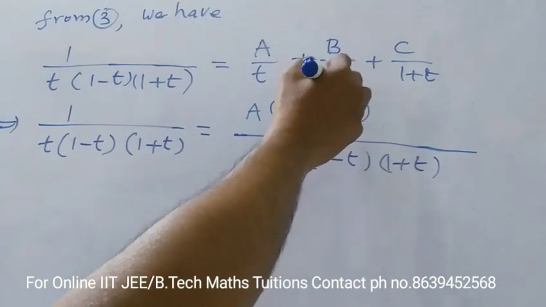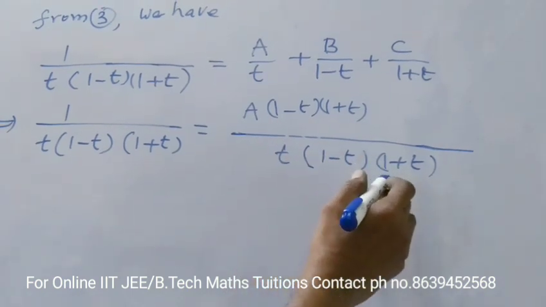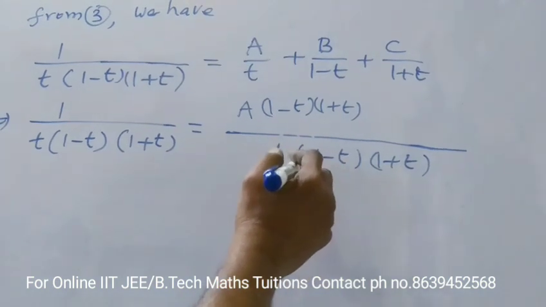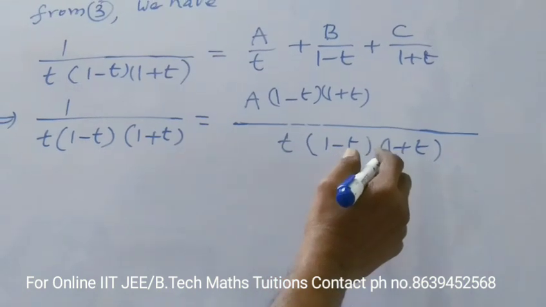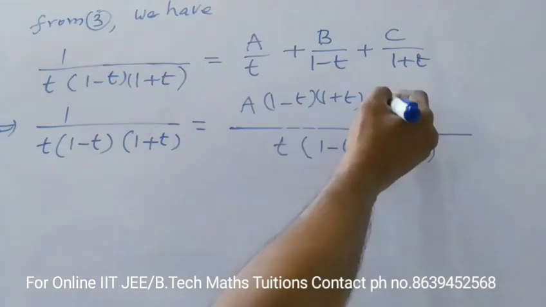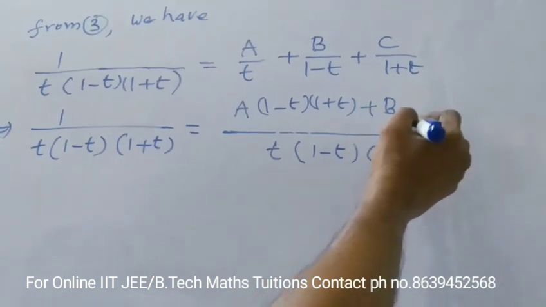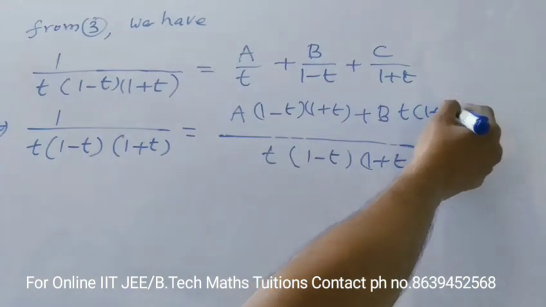And for the second term, 1 minus t divides this one: t of 1 minus t into 1 plus t, 1 minus t cancelled. The leftover terms are t and 1 plus t. That means plus b into t of 1 plus t.